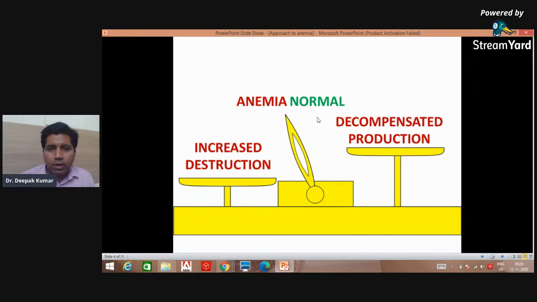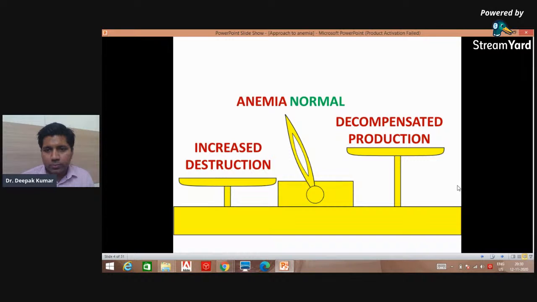Sorry for that. So the resultant anemia is due to either increased destruction of the cells or decompensated production. Please observe the word: decompensated production. When there is increased destruction, the body tries to balance it by increasing the number of cells, increasing the production. When that happens, there should be no anemia if there is compensation. Only when there is decompensation does anemia happen.